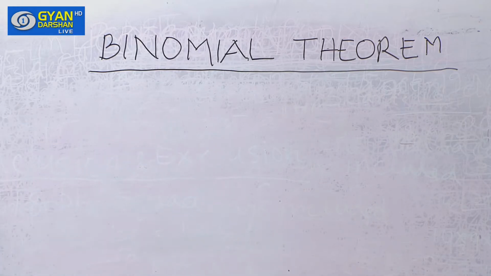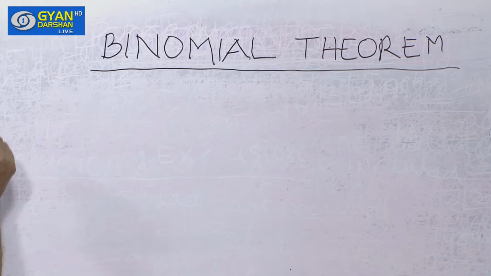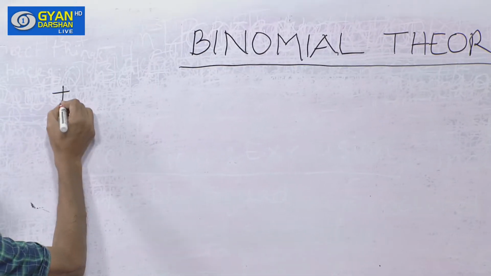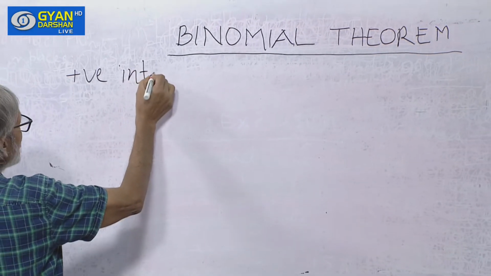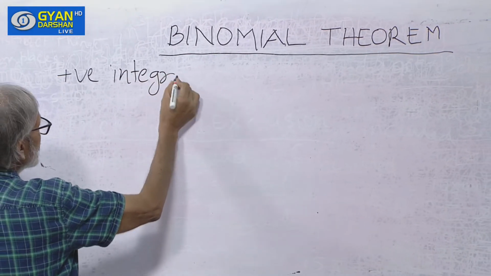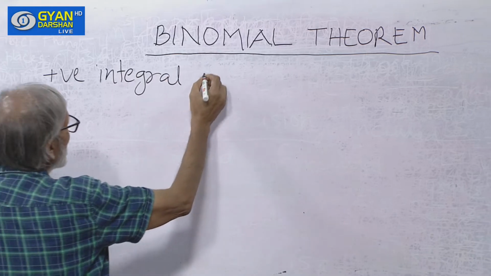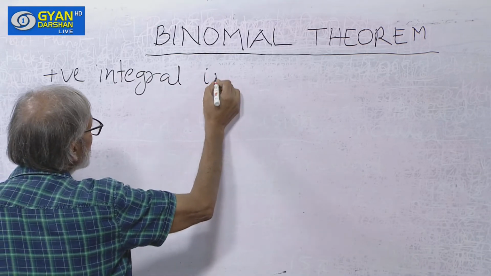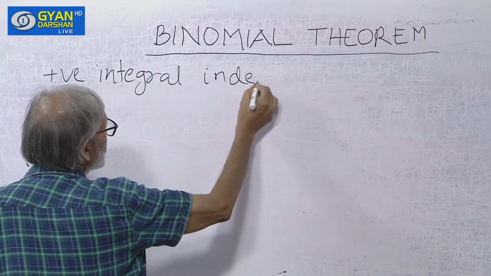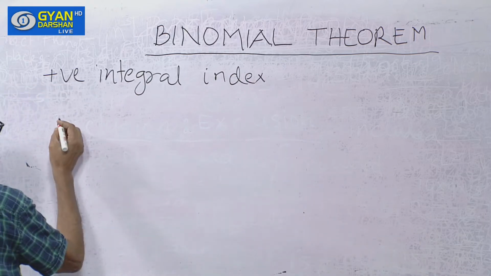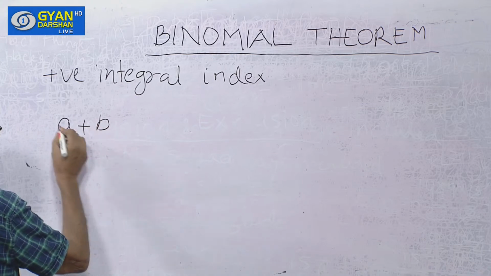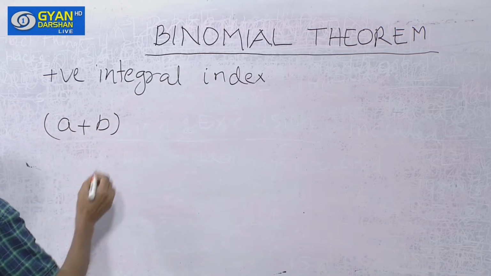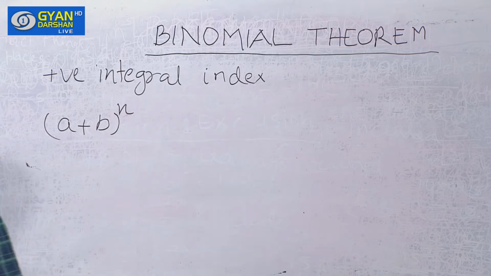Positive integral index means that suppose there are two terms and its power is the exponent n.